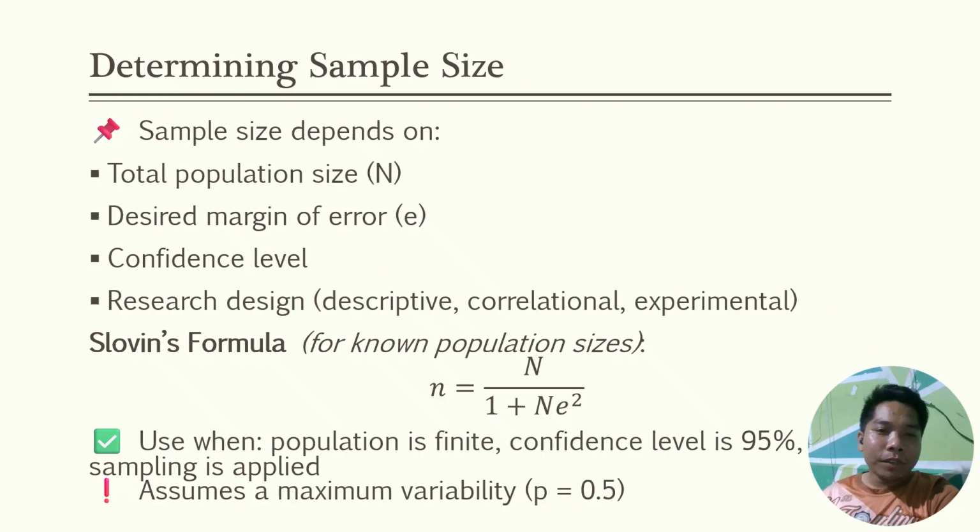This method assumes a 95% confidence level and maximum variability, meaning it gives a conservative estimate, which is safer in planning. So this is the formula of Slovin, used for known population sizes.